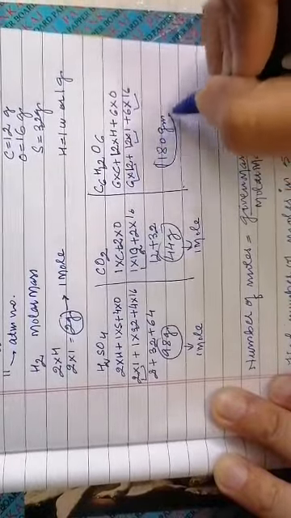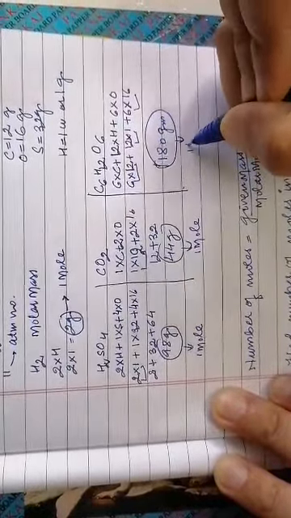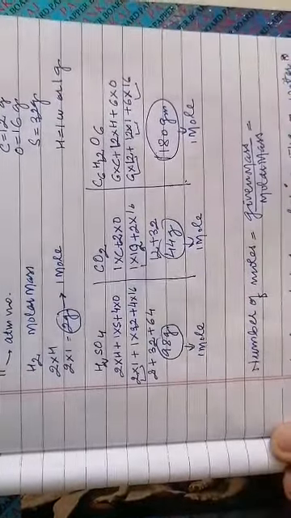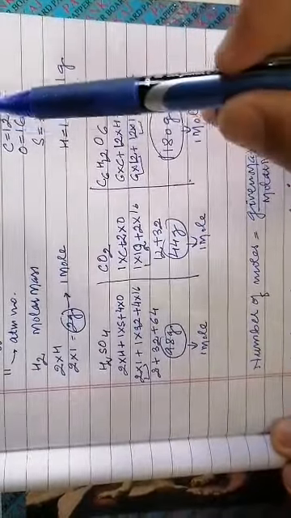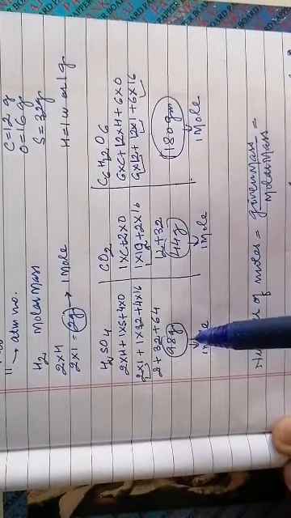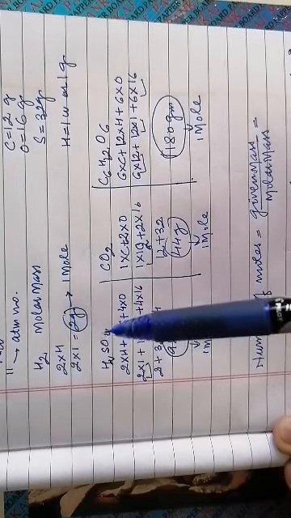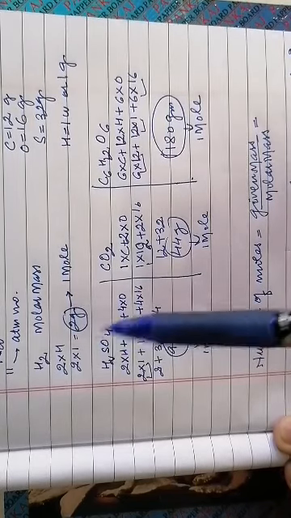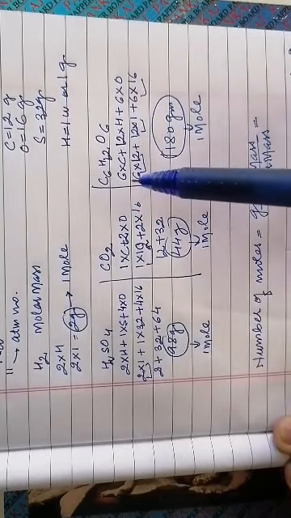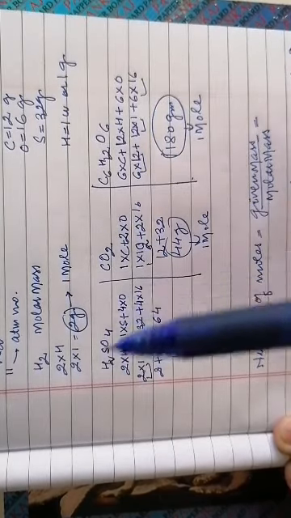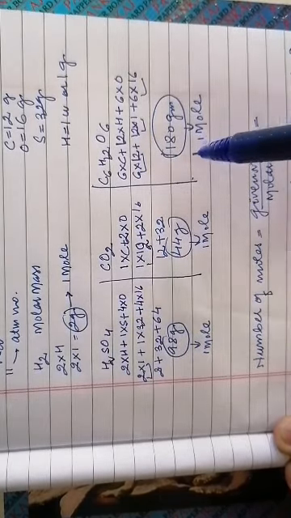So 180 gram is also known as 1 mole of glucose. See, 1 mole of any atom or molecule or compound is its atomic mass or the molar mass.